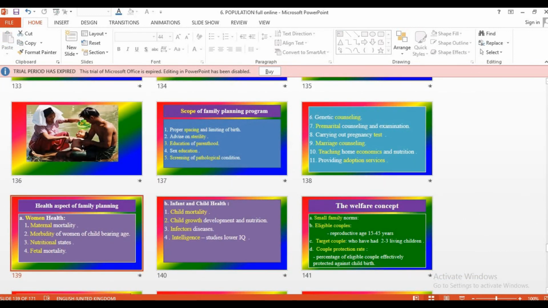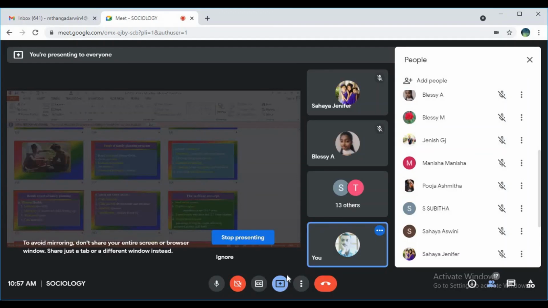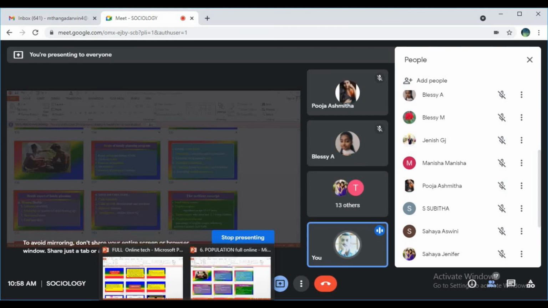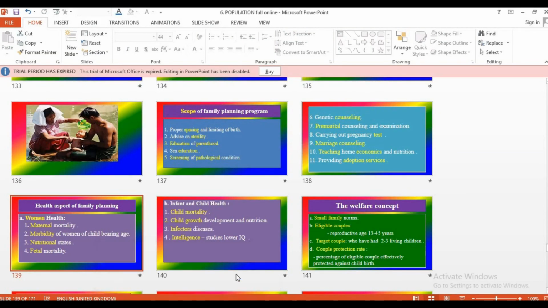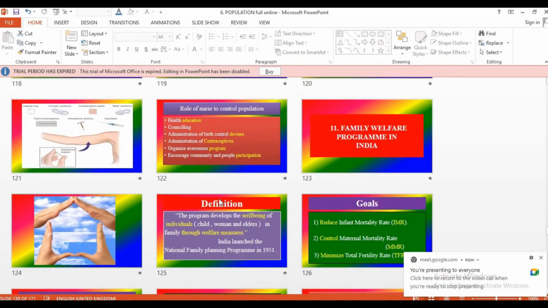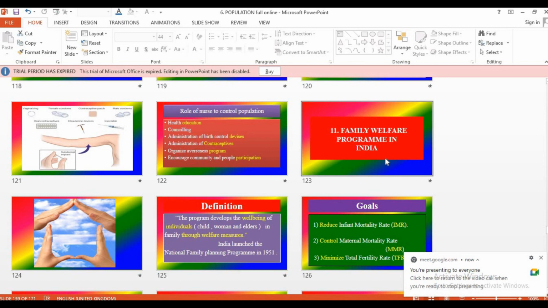Then now discussion time. Pooja, Asmita. Pooja. Yes, sir. What did you learn today? Main sections. What are the sections we learned today?